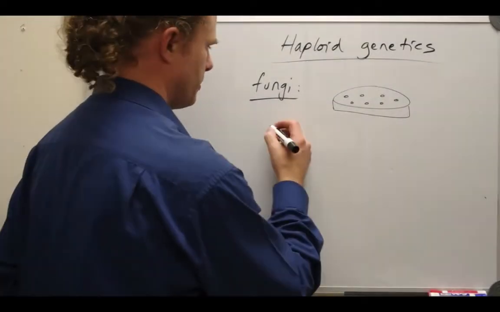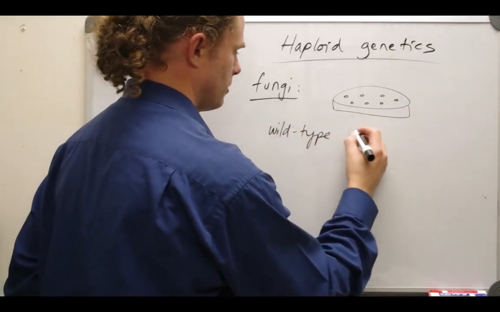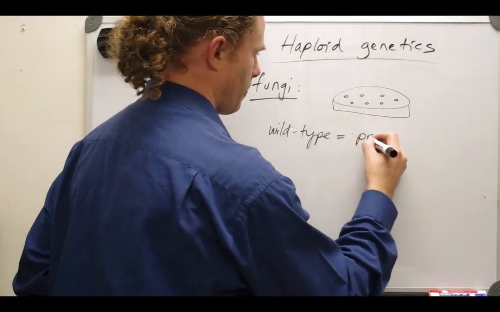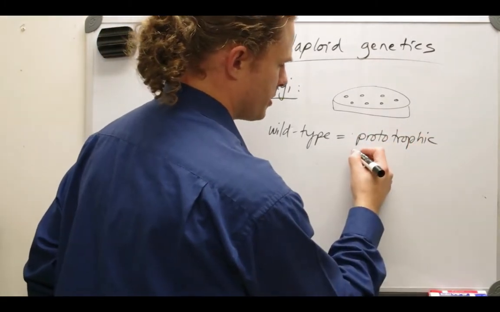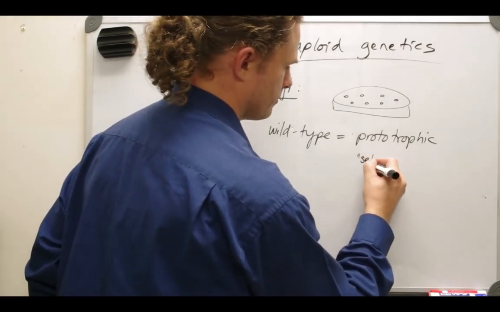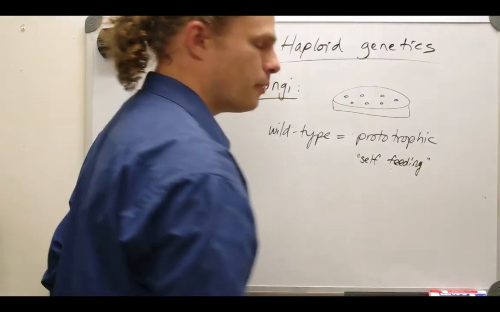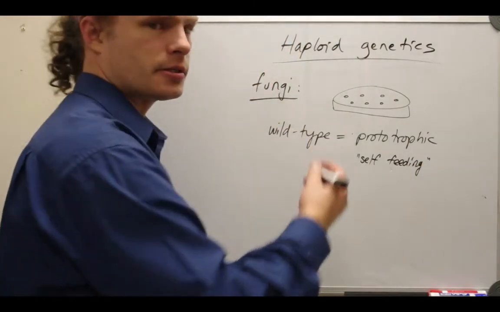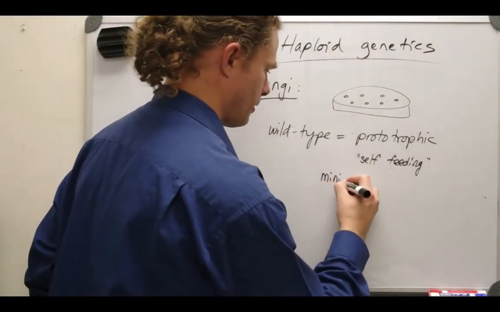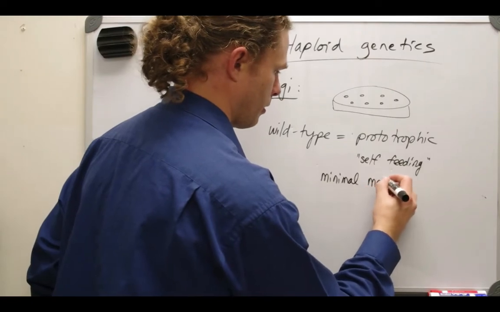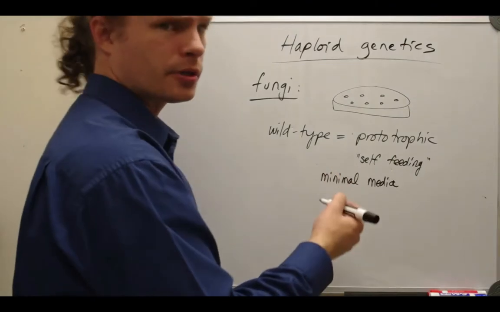Fungi that are wild type are said to be prototrophic. Prototrophic just simply means self-feeding. What this means is if you give a fungus something known as minimal media, which is the bare minimum necessities that it requires to grow.